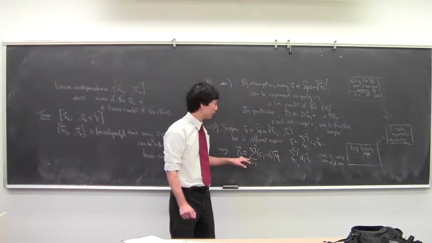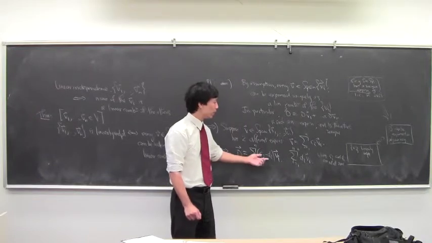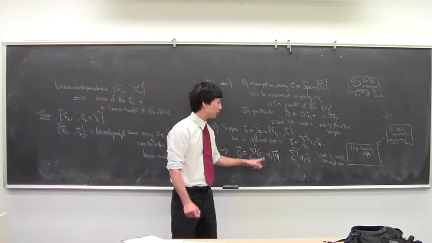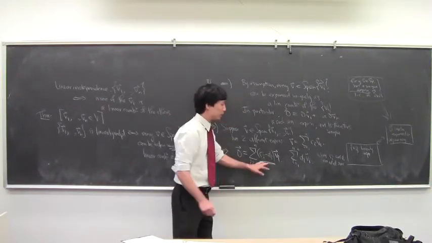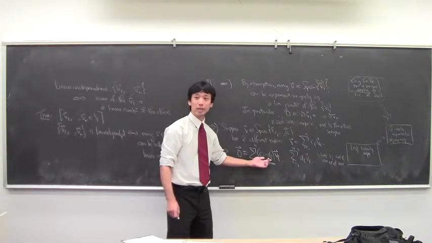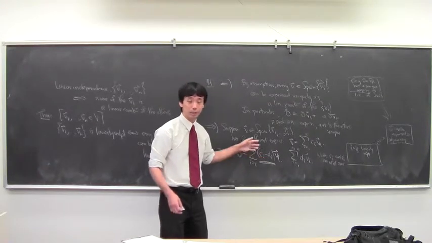You can say, well, look, we know that the only way to get the 0 vector should be that all these coefficients must be equal to 0. In other words, the Ci must be all equal to the Di. That's a little different from how Elena was phrasing it, but that will do too.